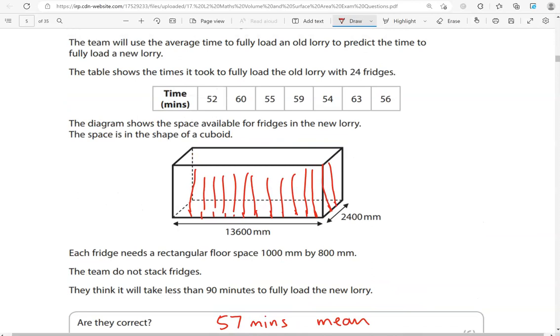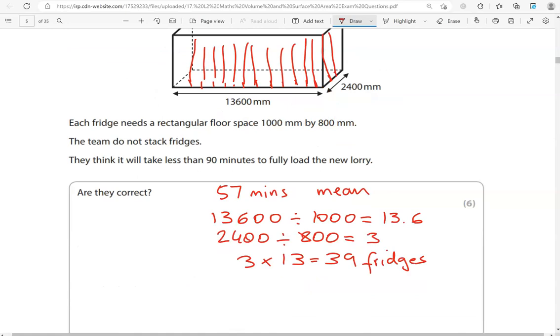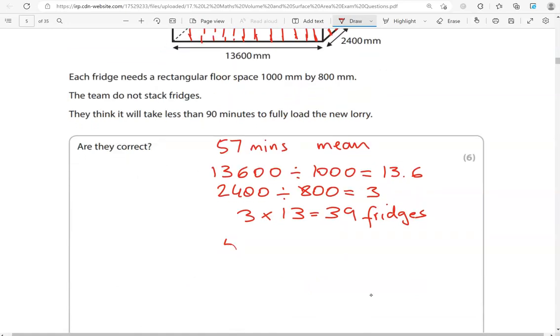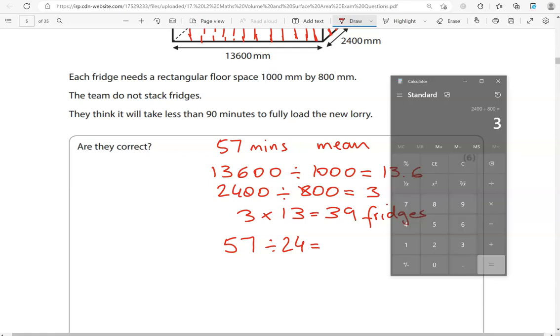The old lorry took on average 57 minutes. So that was for 24 fridges. So what we're going to do is 57 divided by 24 to work out how long it takes for one fridge.